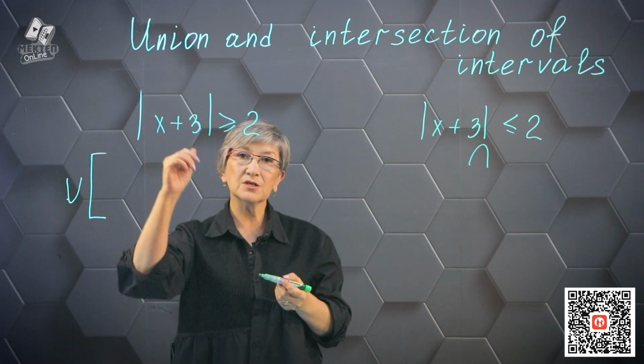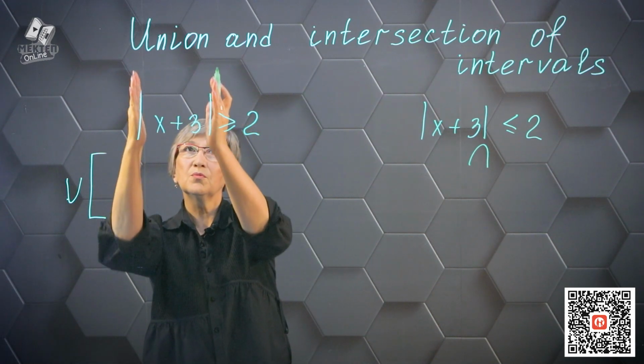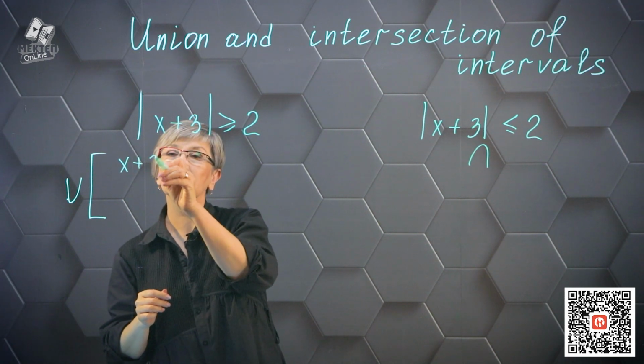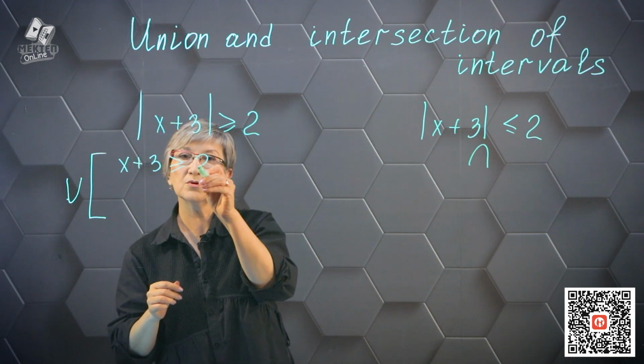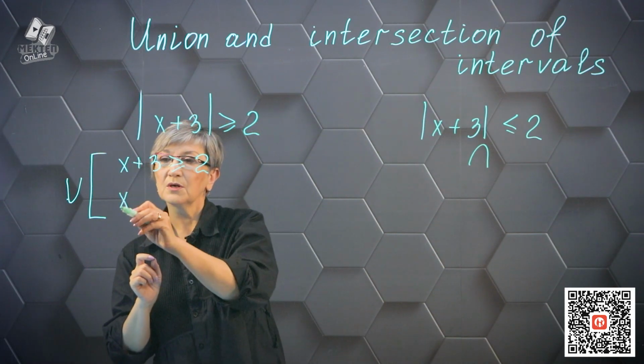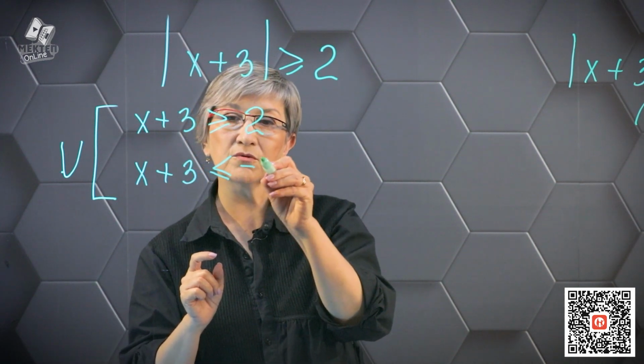So how do we solve this inequality? First of all, we must remove the absolute sign and write that x plus 3 will be greater than or equal to the number 2. And in the second case, we write that the number x plus 3 must be less than or equal to the number minus 2.